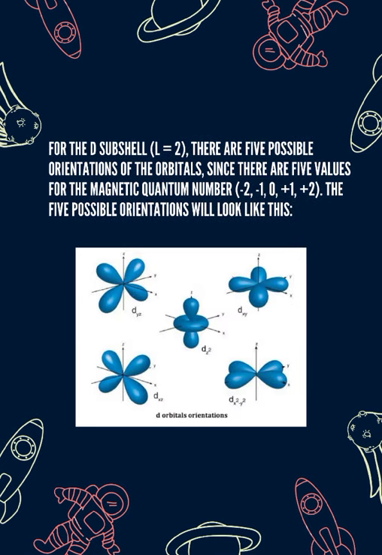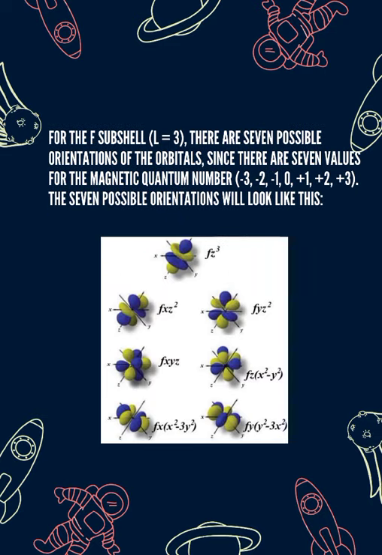And for the d subshell, l equals 2, there are 5 possible orientations of the orbitals, since there are 5 values of the magnetic quantum number: negative 2, negative 1, 0, positive 1, positive 2. The 5 possible orientations will look like this.